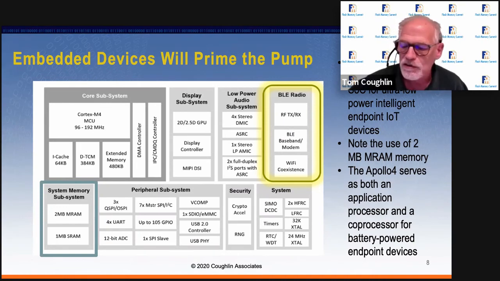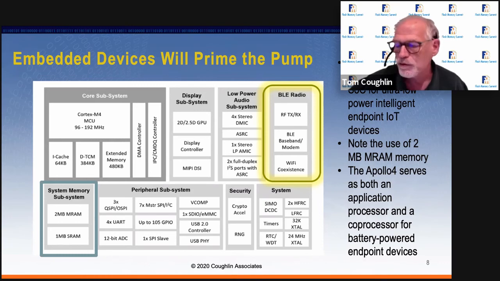The SoC achieves power use as low as 3 microamps per megahertz by using MRAM memory with low deep sleep current modes and operates up to 192 megahertz clock frequency. The figure here shows the block diagram for this chip with various features, including 2 megabytes of MRAM, along with up to 1 megabyte of SRAM. The Bluetooth or BLE radio blocks are in a Bluetooth version of this chip.